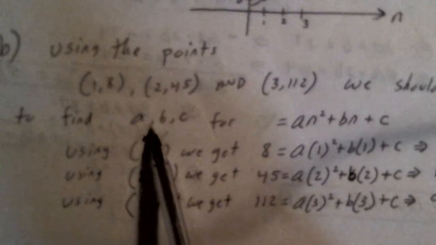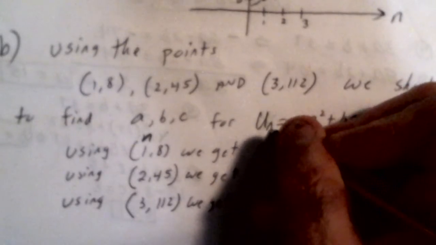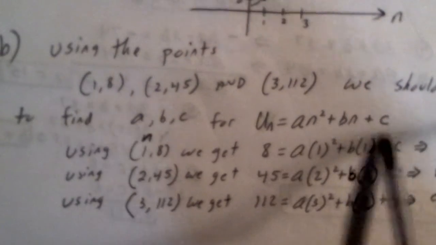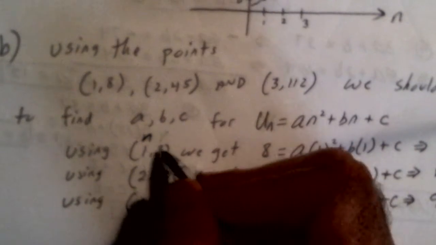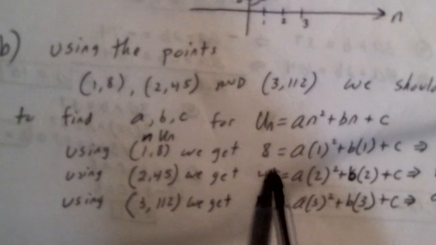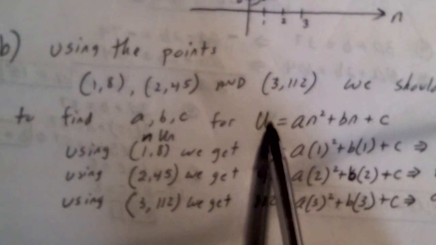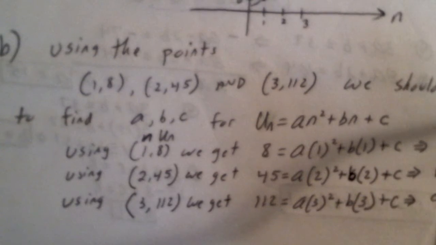Okay. So now using these points, 1, 8; 2, 45; 3, 112, we should be able to find the coefficients a, b, c for a quadratic function. Using the point 1, 8, where the first coordinate is n and the second coordinate is u of n, we set u of 1 equal to 8 and let n be 1, and we get this equation.